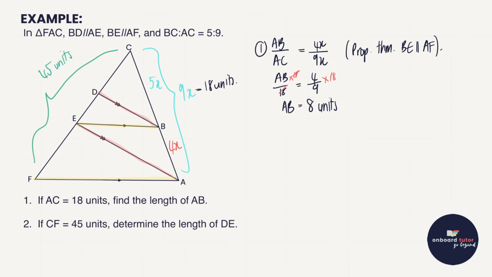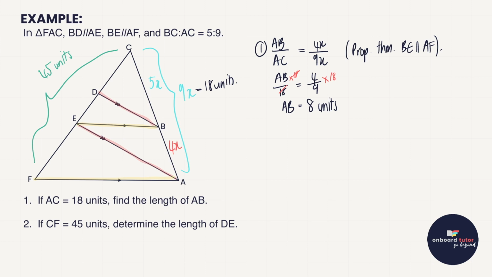But because of the yellow lines, I can also say, well, this one here would be 5 to 4 in terms of proportionality there. And I think I'm going to have to start off, although DE, the one I want, is linking to the red parallel lines, my 45 units, my information is actually about this full side here, which is going to have to link to the yellow sides.